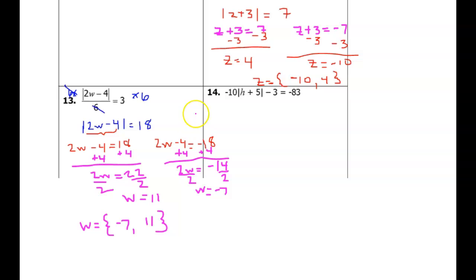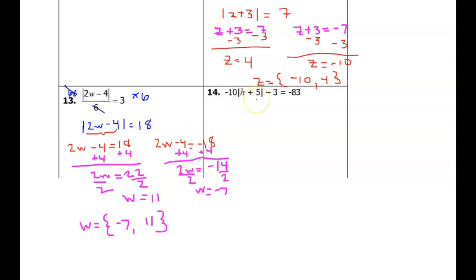All right, number 14. Is the absolute value isolated? Yes or no? No. So what do you suppose we do? Now, here's the thing. We have to be careful.